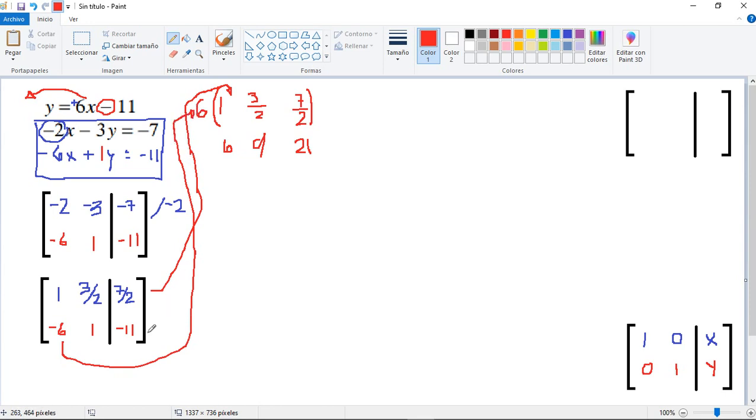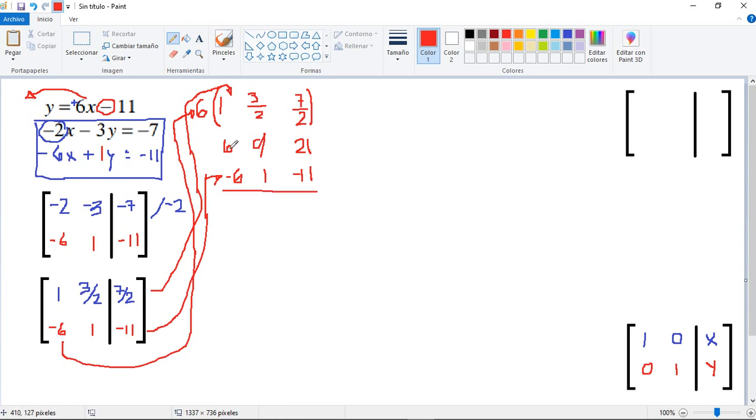And then I am going to copy this row over here, which is negative 6, 1, negative 11. So I am going to do this operation.